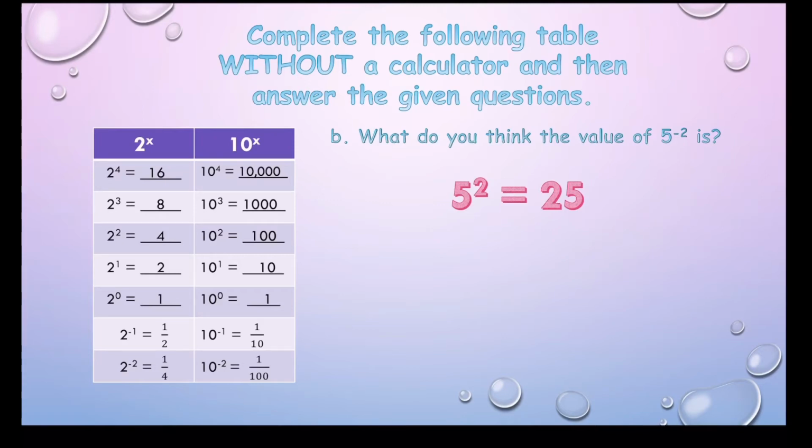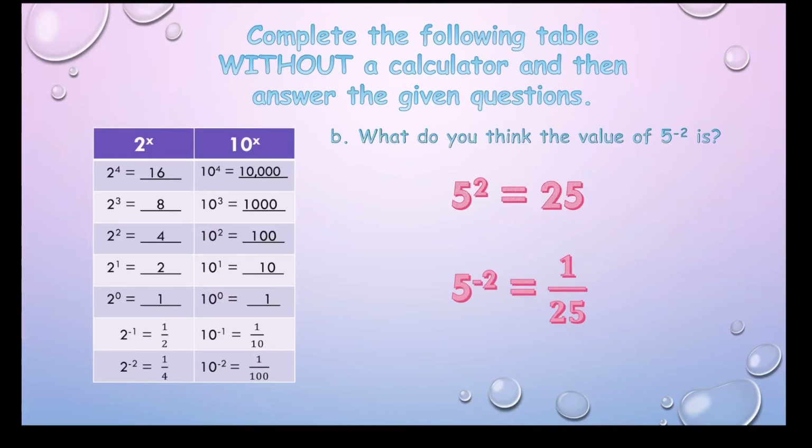So 5 to the 1st would be 5. 5 to the 0 is 1. 5 to the negative 1 is 1/5. So 5 to the negative 2 is 1 over 25. What I want you to do is take a close look here, because this is basically telling you what's going to happen with negative exponents.